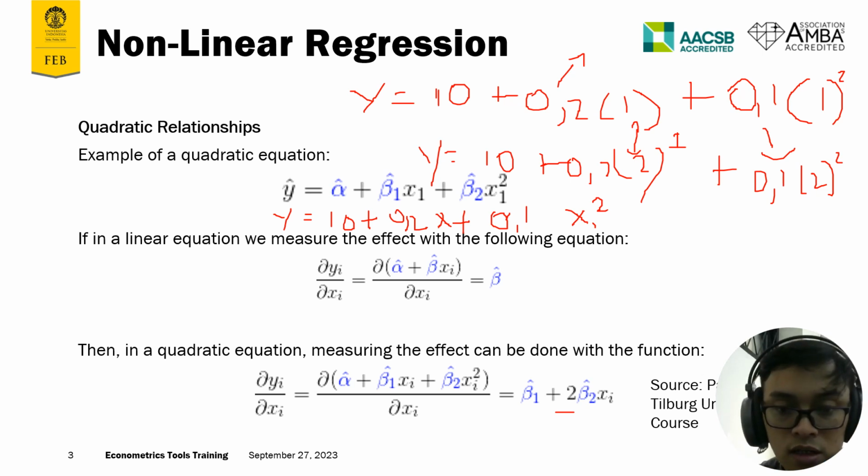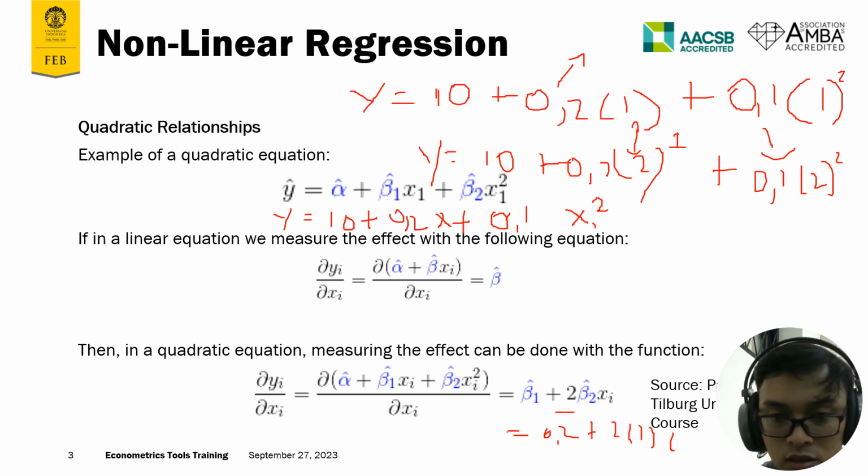If you have 1, the incremental is 0.2 plus 2 multiplied by 1 multiplied by 0.1. But now when we have 2 here, the incremental is 0.2 plus 2 multiplied by 0.1 multiplied by 2.